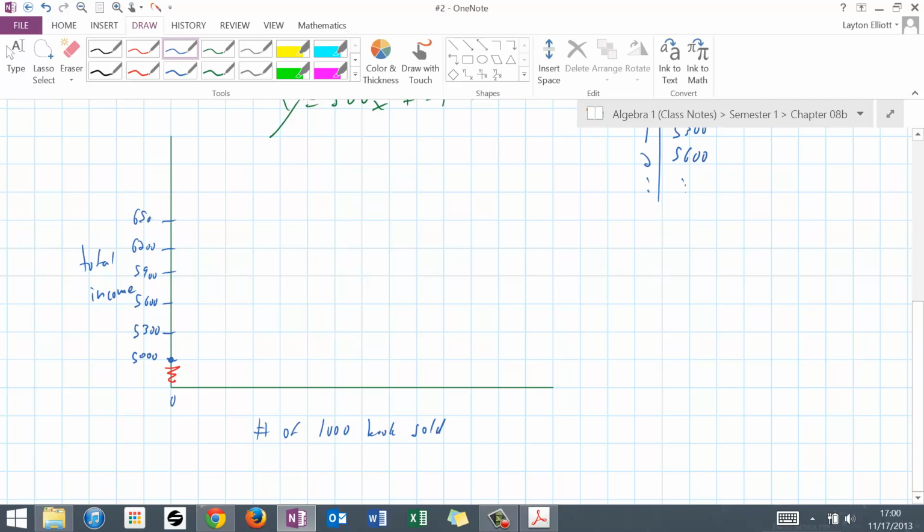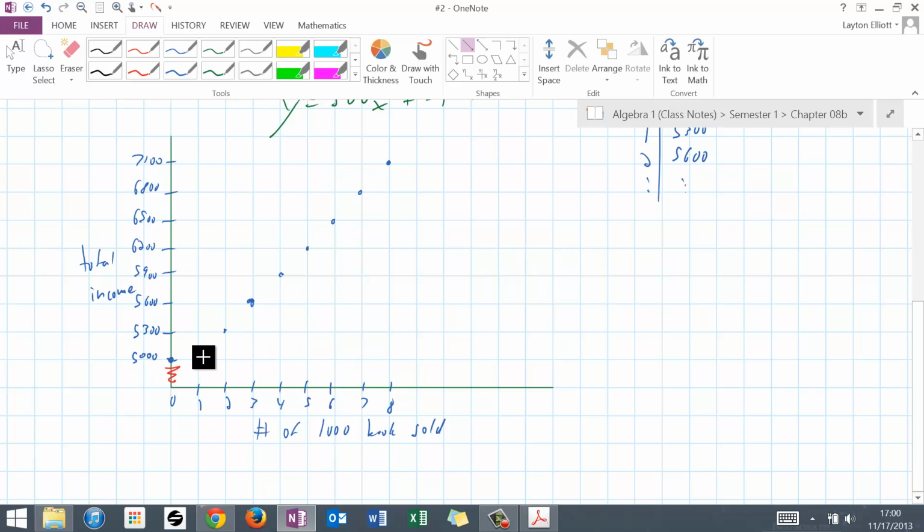Let's just keep this going up. 6,500, 6,800, and 7,100. And then the number of 1,000 books are 1, 2, 3, 4, 5, 6, 7. And we just want to make sure we fill the graph as best we can. So let's just keep these going up until I run out of space. That could be 8. And that gives us plenty of information on this graph.